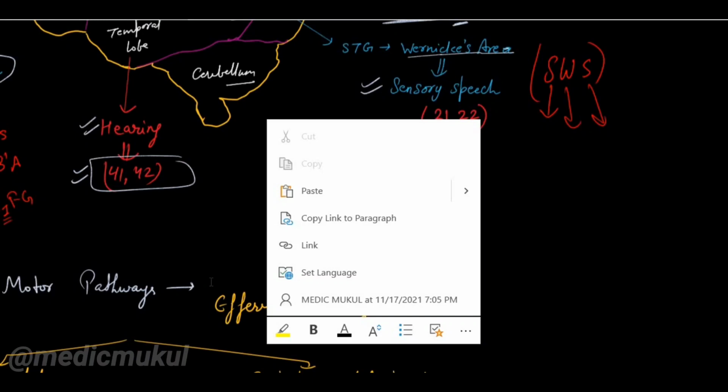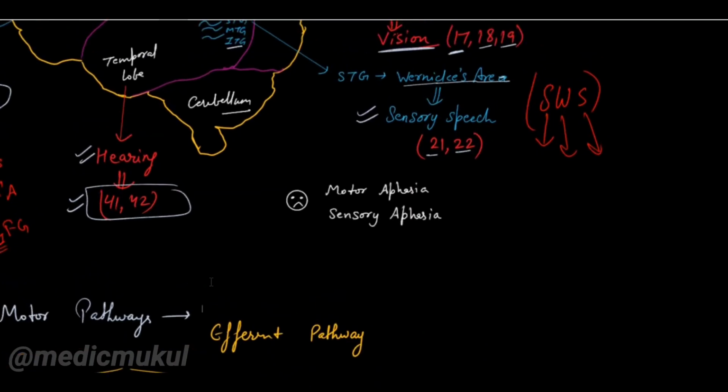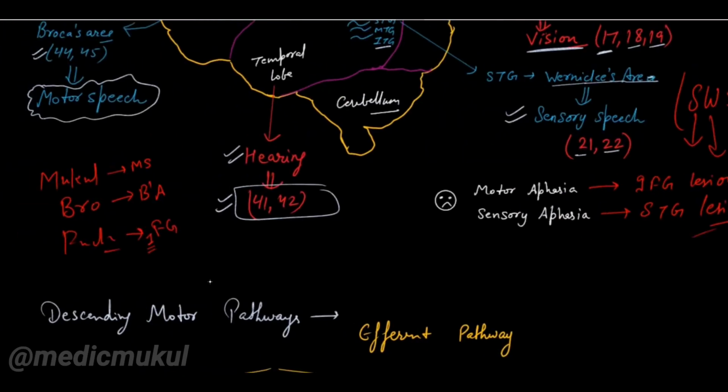Then there are two things here, motor aphasia and sensory aphasia. If there is a lesion in the inferior frontal gyrus, that is motor aphasia. Sensory aphasia is if there is a lesion in the superior temporal gyrus.